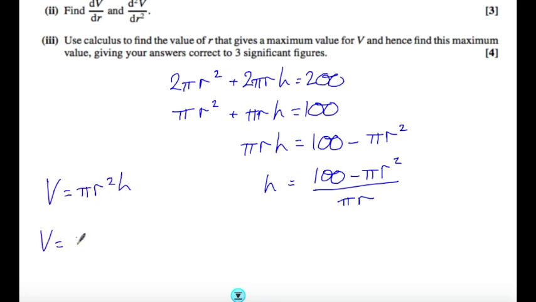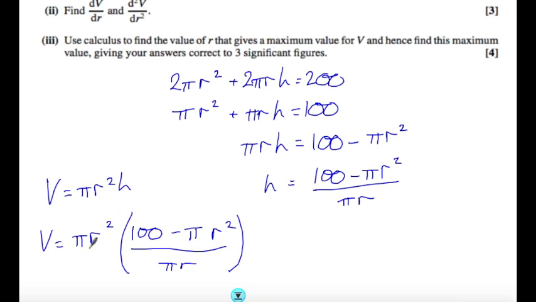So we'll have V equals pi r squared, and then we've got 100 minus pi r squared over pi r. So we can cancel out a pi and one of the r's, and then all we have to do is times the top of this fraction by r, so we'll have 100r minus pi r cubed, which hopefully is what they've got.